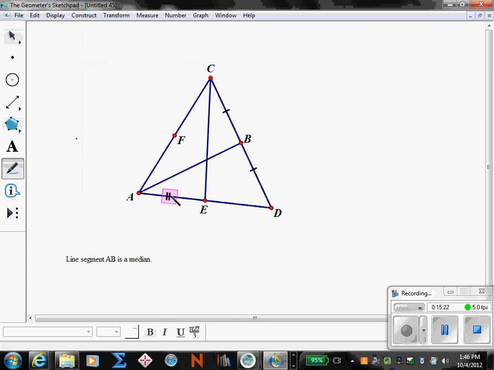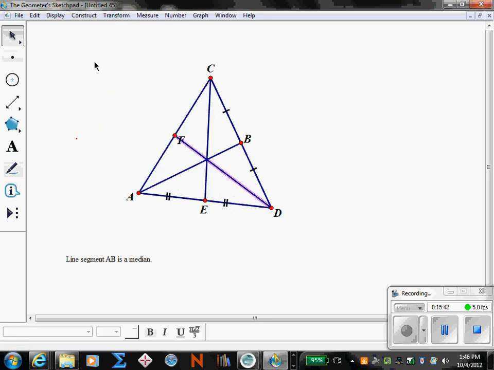I want to give these double tick marks because I don't know if they're congruent to the other ones. And then I'm going to do this one more time. So I'm going to connect the vertex D to the midpoint F. And when I construct that segment, I am constructing another median.